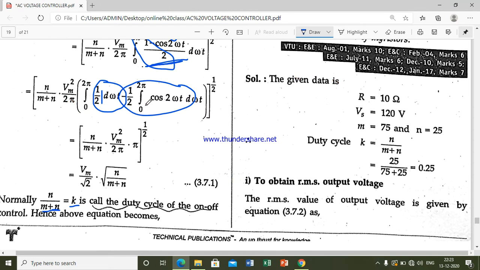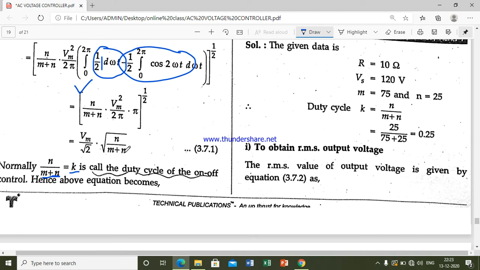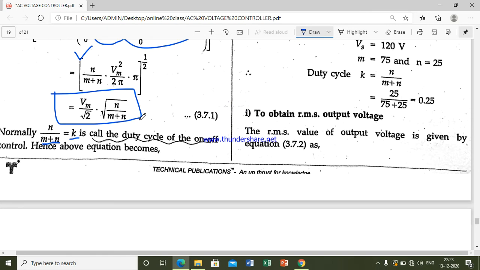After simplifying this and after substituting these limits, we will get the simplified result. Then after simplifying, finally we will get Vm by root 2 into root of n divided by n plus m, where n divided by n plus m represents the duty cycle of on and off control.